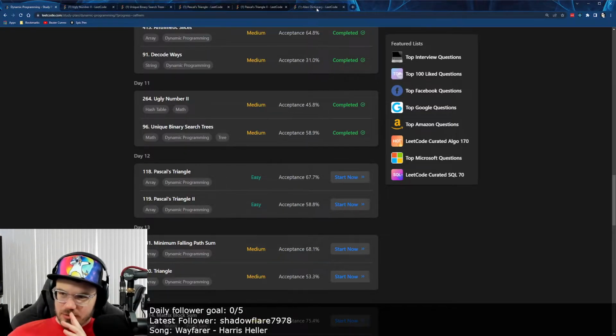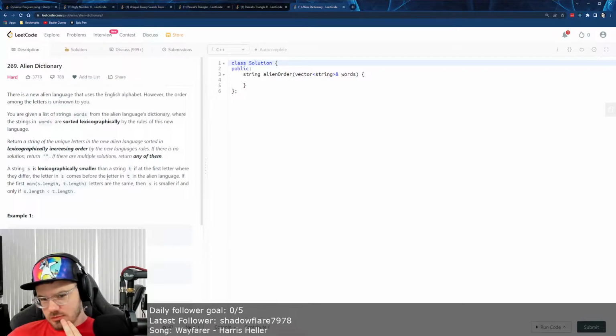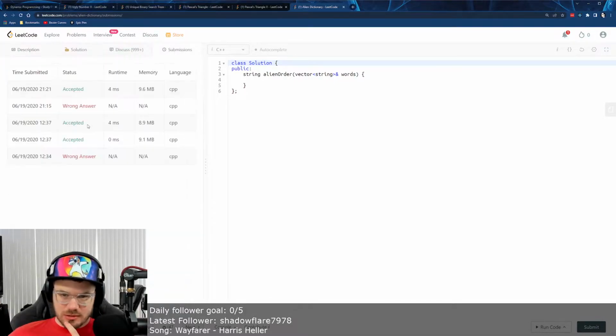Last but not least, I just came across this problem called Alien Dictionary. It's LeetCode 269, and I'm quite fascinated by it. Looking at the submissions, I can see that I solved it in June of 2020. Hopefully I'll be able to go back today or tomorrow and solve it again. This is probably the biggest of the problems I talked about.